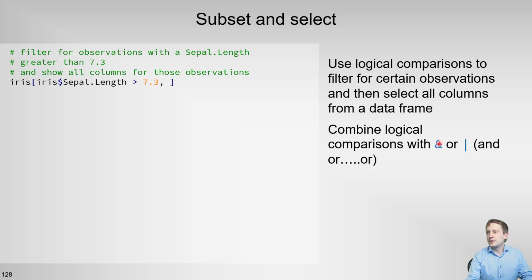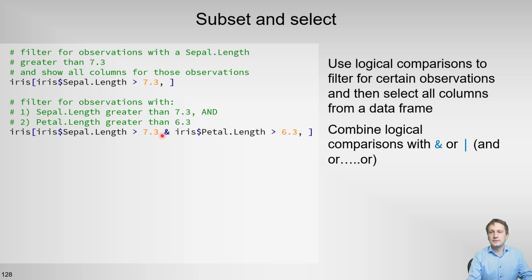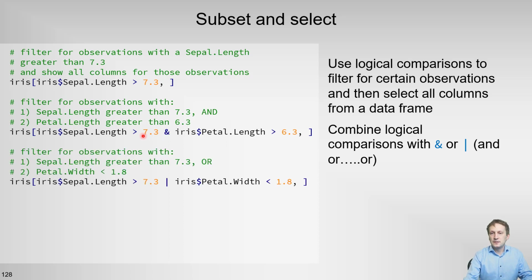So we have the AND symbol and then the OR symbol to do that. So here we are selecting everything with a sepal length larger than 7.3 and a petal length larger than 6.3. So the AND sign combines that. This would select everything with a sepal length larger than 7.3 or a petal width that is less than 1.8.